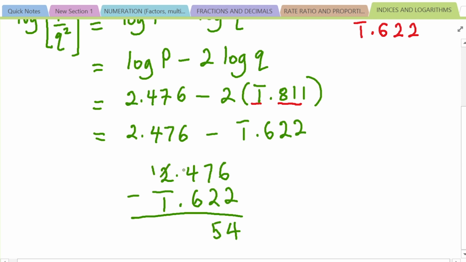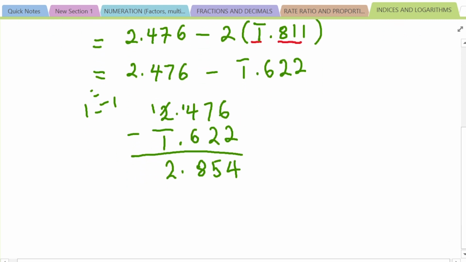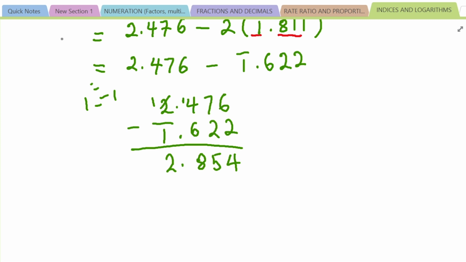We remain with 1 here, so this becomes 14. 14 minus 6 is going to give us 8. Then at the negative characteristic part, it's 1 minus negative 1. 1 minus negative 1 becomes 2. So this is 2.854.